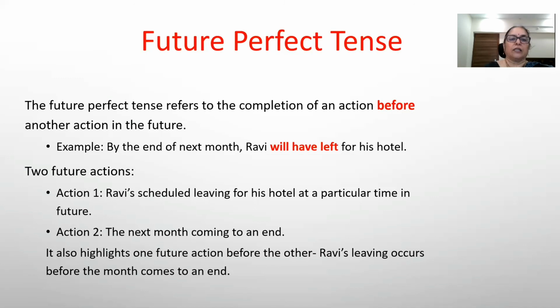Second action, the next month coming to an end. So, by the end of next month, Ravi will have left for his hotel. So it also highlights one future action before the other. Ravi leaving occurs before the month comes to an end.